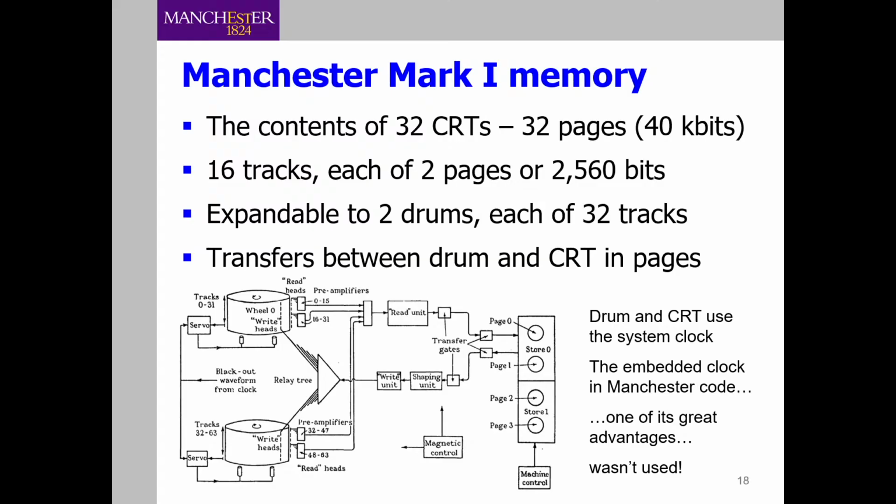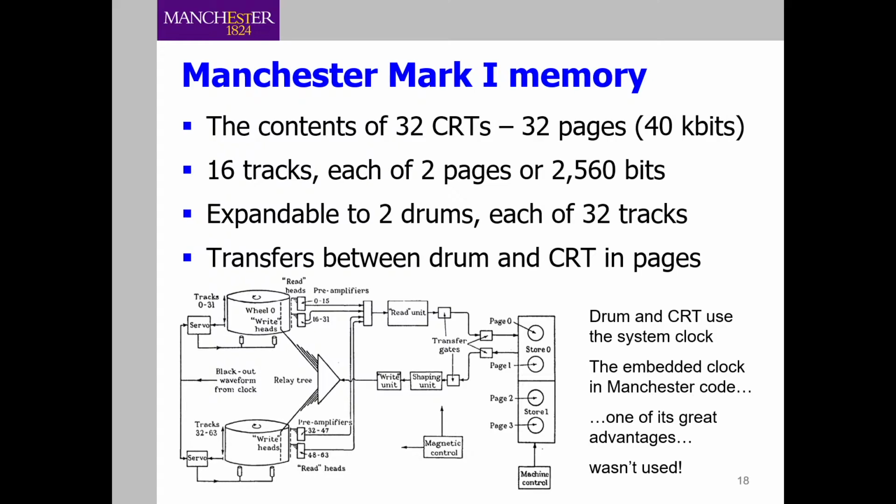So, this is the eventual memory of the Manchester Mark I computer. This is the original schematic from one of the first papers describing the overall memory architecture of the machine. As it evolved, it had 4 storage tubes, 4 CRTs, each of which stored a page, so page 0, 1 to 3.